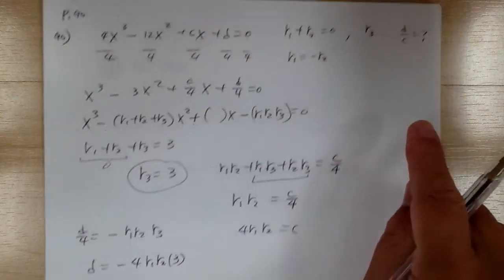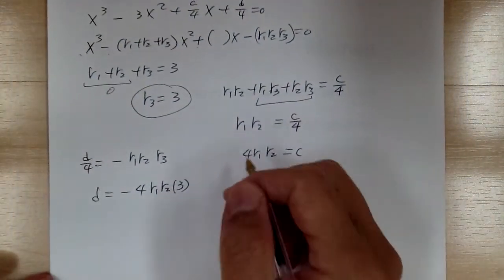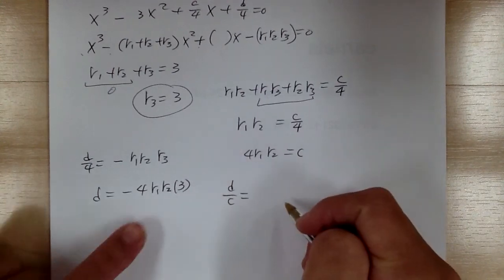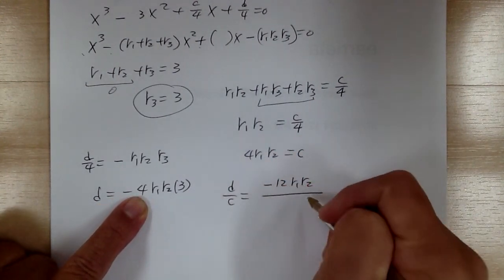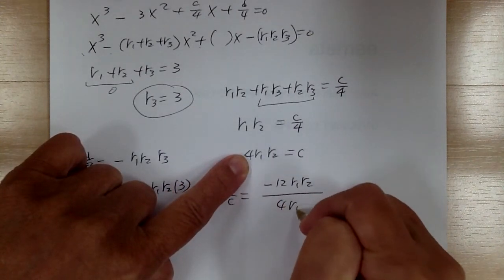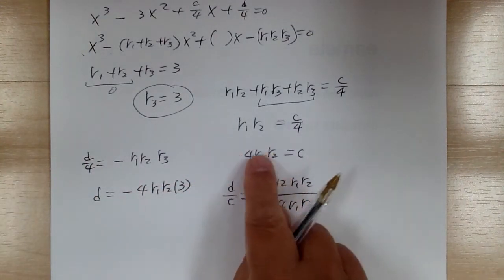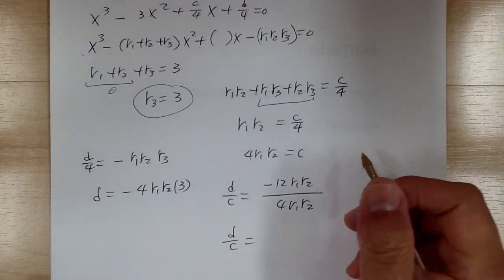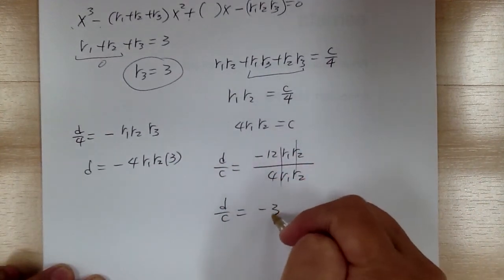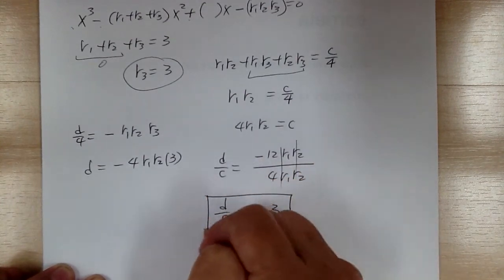So now we can put d over c. d over c will equal negative 12 r1 r2 over 4 r1 r2. Now we shouldn't multiply, we should just cancel out. Anyway, d over c will equal negative 3. Okay, and that's it.